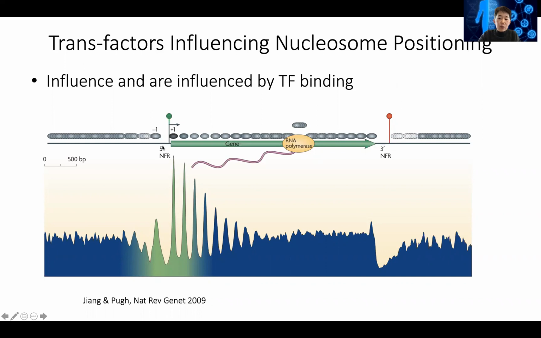The reason there's no nucleosome here is because the polymerase is a very strong transcription factor, and it recruits many other transcription factors and cofactors to bind to this region, and this will really squeeze out the nucleosome. And this region suddenly has no nucleosome, and because of this, the adjacent pearls on this necklace will also be slightly better positioned. And then the next one will be better positioned.